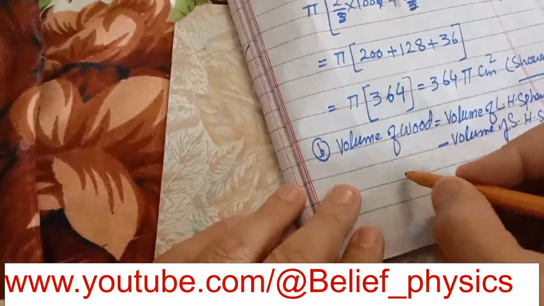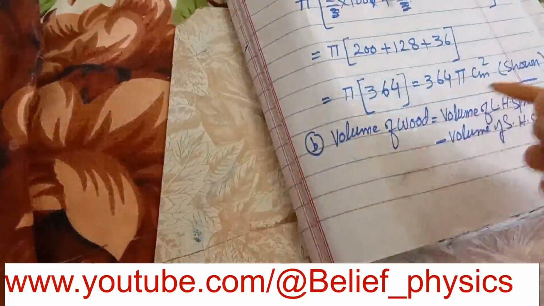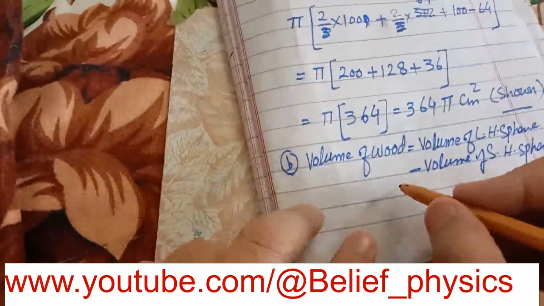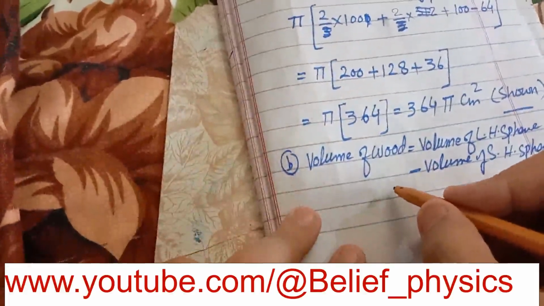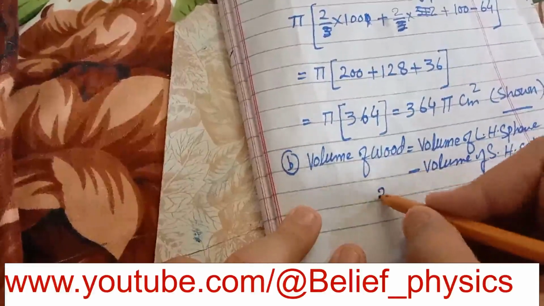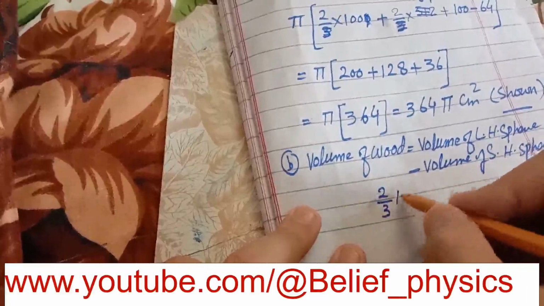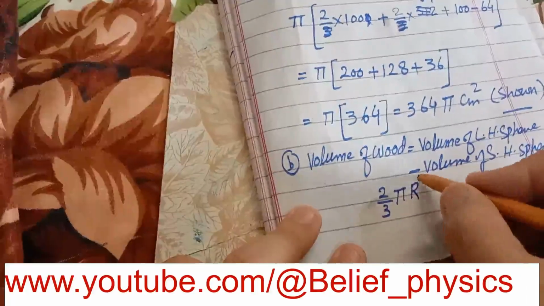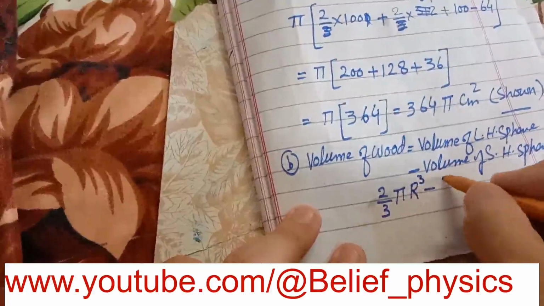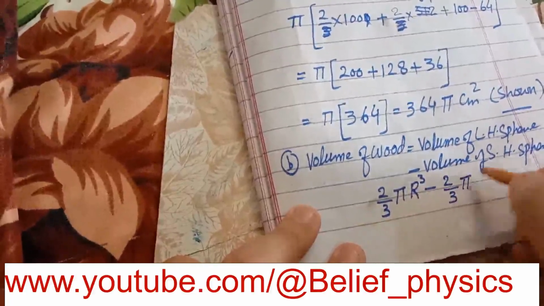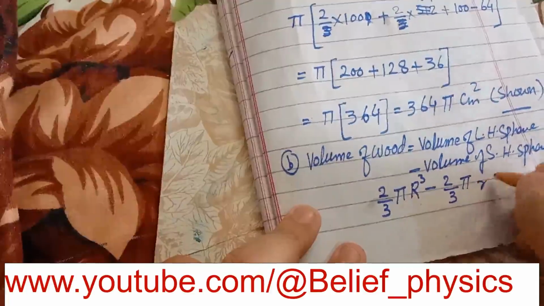Now the formula for the volume of the sphere is 4 over 3 pi r cube. So the volume of the hemisphere will be equal to half of 4, which is 2, so it becomes 2 over 3 pi r cube. Capital R is for the large hemisphere and small r is for the small hemisphere.